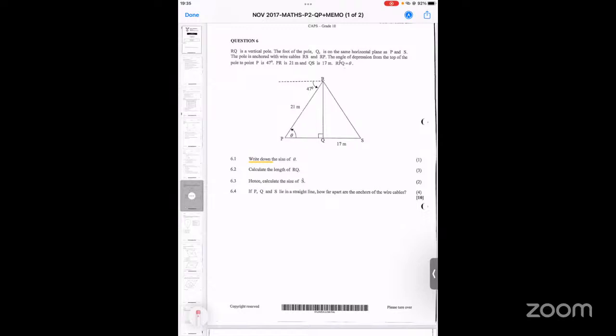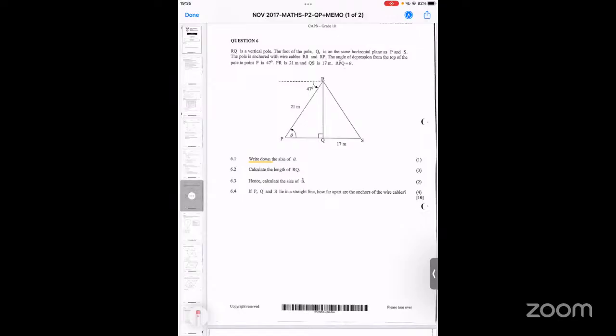Okay, so this is how you can approach it, Maniakis. RQ is attached to which triangle? Both triangles, isn't it? Yes, sir. And is that triangle a right-angled triangle? One of the two.